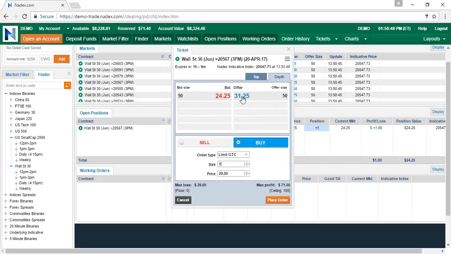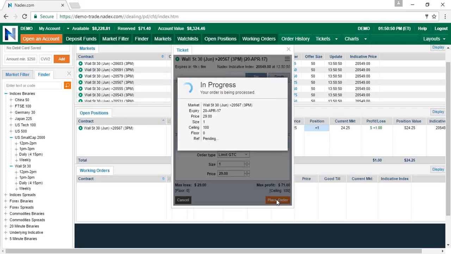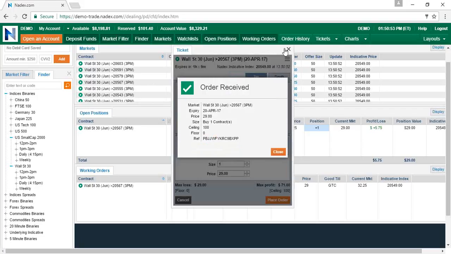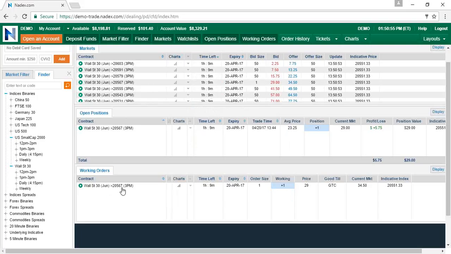Now the price is at 31. So if I enter this, it just put me into working orders because I placed a limit order saying I want to buy this at 29 and I don't want to pay any more than 29. But before I pressed enter, the market went up to 30 or 31 and it put my order into working orders. And I'm like, oh man, it's moving and I'm missing it.